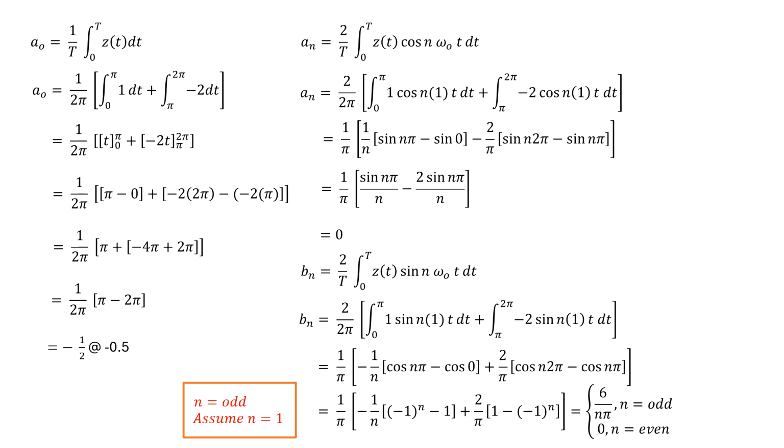For those who tried to put in n equals 2, which is an even number, they might question why they have a value, but in this answer we are showing 0. That's because the graph is an odd graph, so we just assume that n for even equals 0.